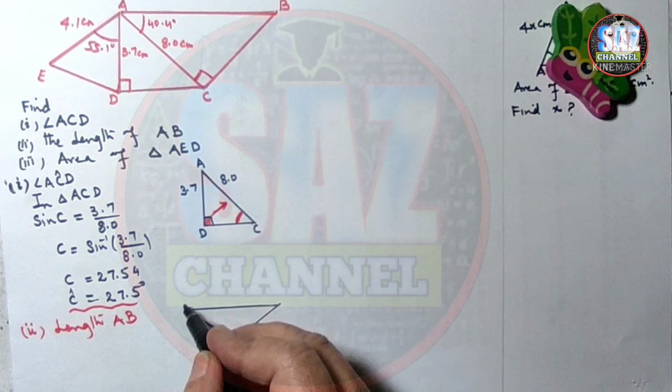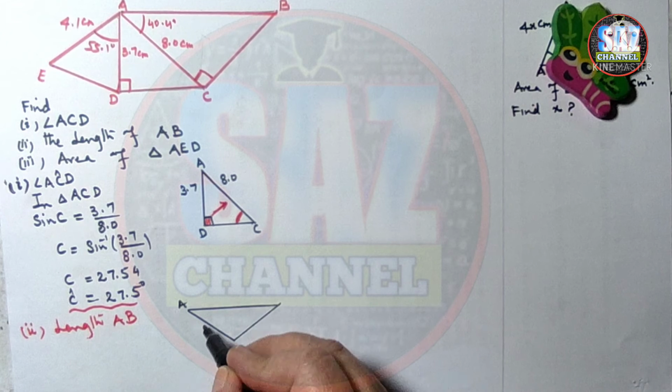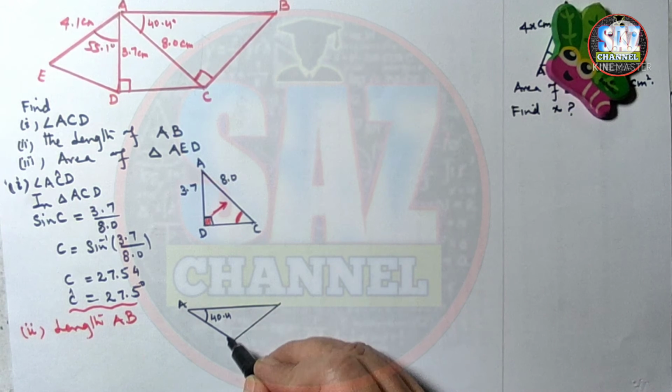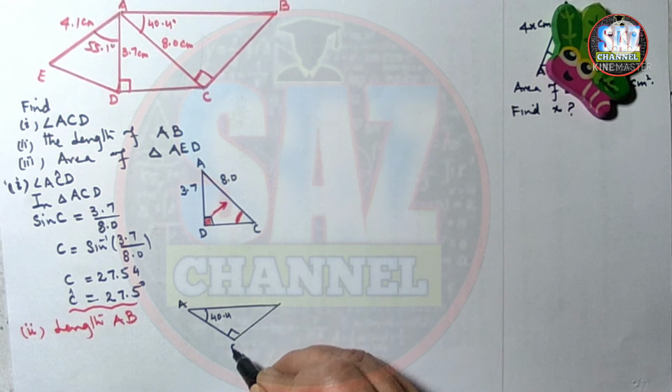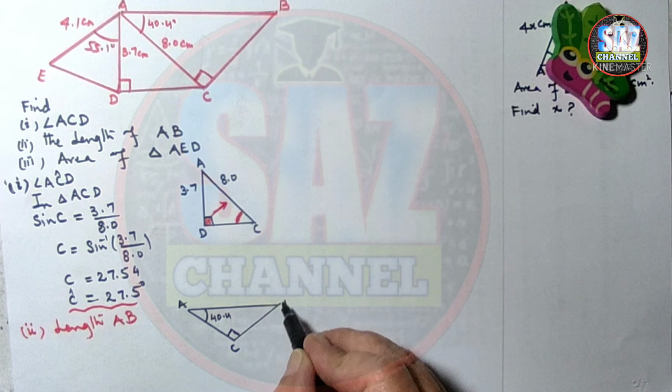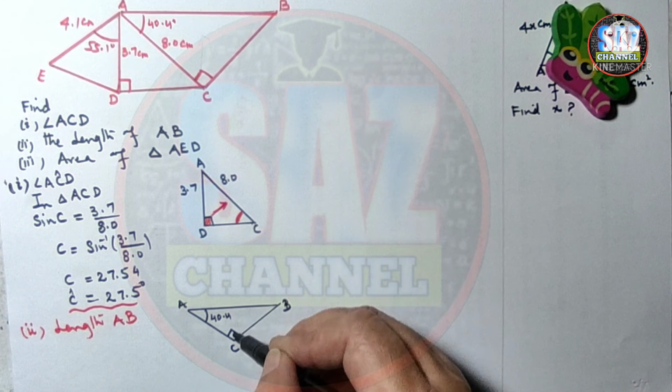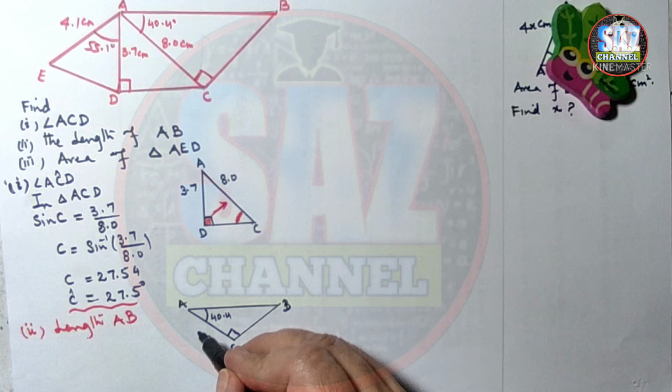So this is vertex A. This is 40.4, which is the acute angle given over here, and this is vertex C, which is the 90 degree angle, and this is vertex B. Now look, we have to find AB, and AB is the hypotenuse, and this is 8 centimeters.